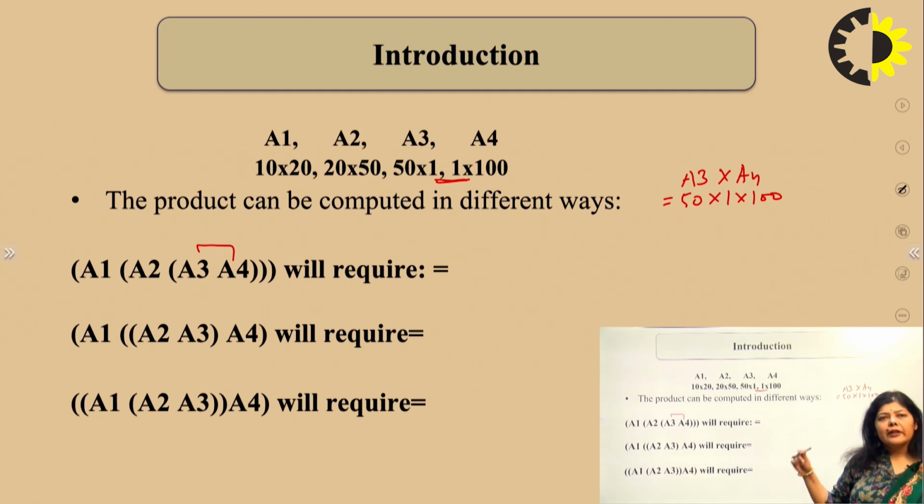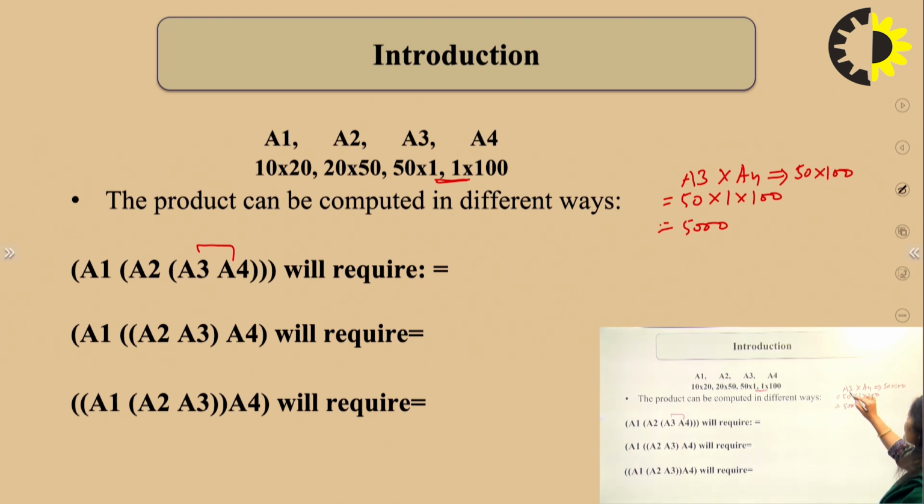If I evaluate, this comes to 5,000 multiplication operations, and the product dimension out of this multiplication will be 50 cross 100.